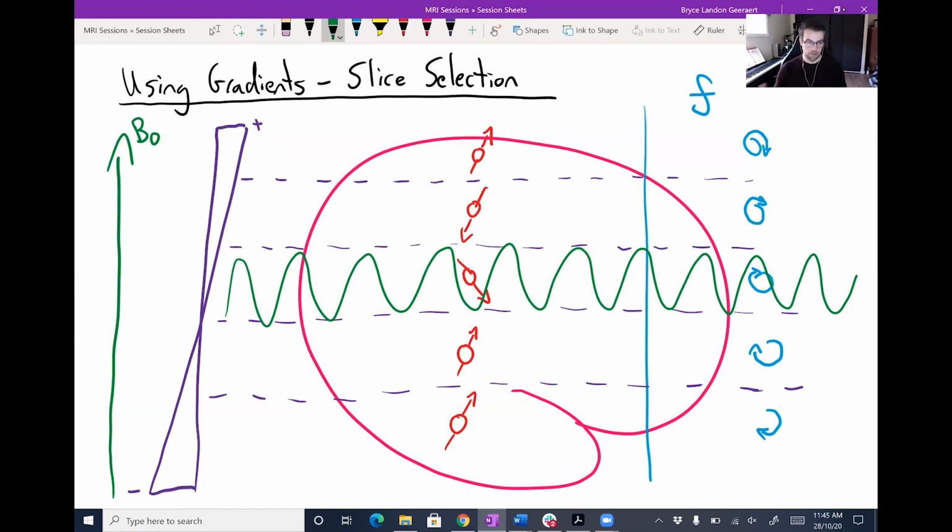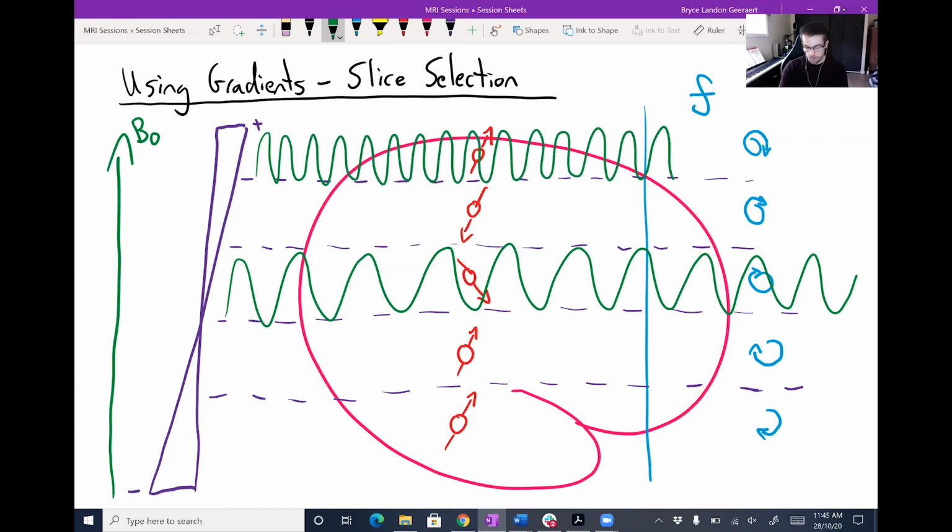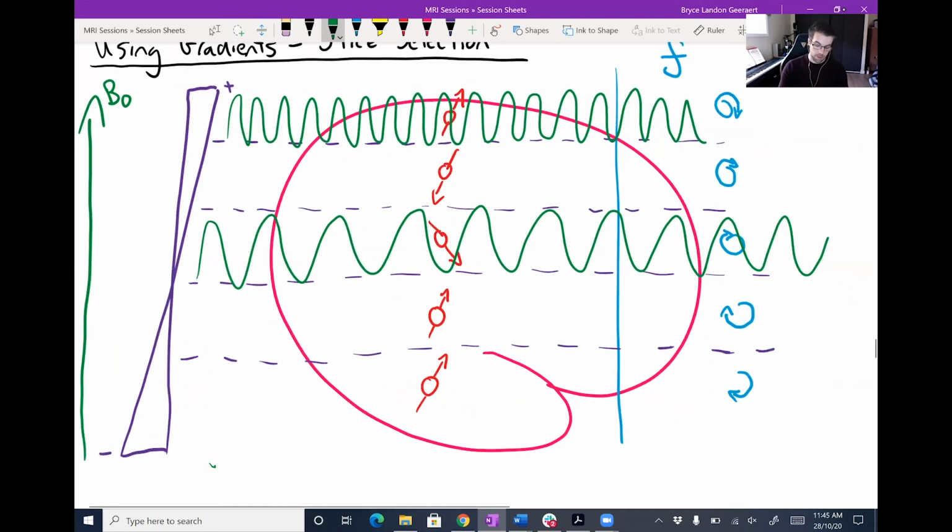But this also means if we apply a B1 field at a faster frequency, we could tip the NMV in the top slice only, for example. If we had this sine wave with a higher frequency, right? So now we're interacting with the net magnetization vector in different slices, just based on the frequency that we're applying it at.